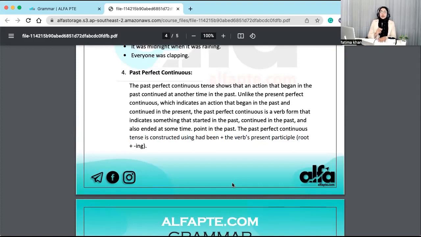Next, after had been or has been or have been, always have verb plus ing. So you eliminate the other options. So these simple grammar rules help you solve your fill in the blanks in an easier way.